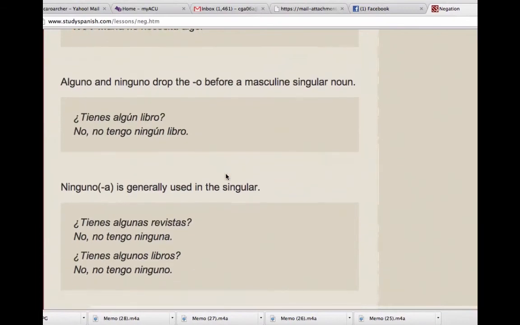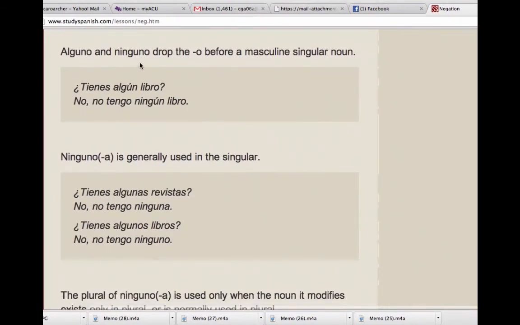Okay, muy bien. Now, algún and ninguno. Alguno and ninguno drop the O before a masculine and singular noun, okay? So masculine and singular, el libro, right? Before a noun that is masculine and singular, we say, ¿tienes algún libro?